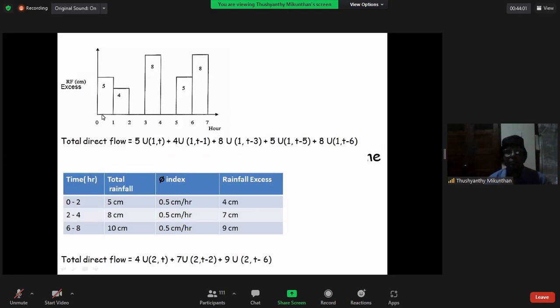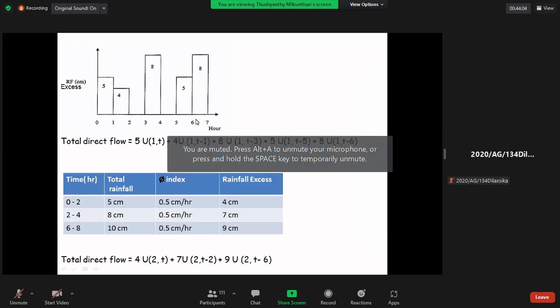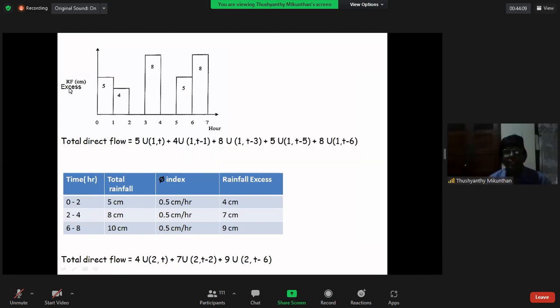So here, write the equation for this rainfall excess. What is given is rainfall excess, not total rainfall. If total rainfall is given, deduct the losses, maybe the continuous loss, to get the rainfall excess, then write the equation. Here, total direct flow is equal to: the first excess rainfall is 5, so 5U.